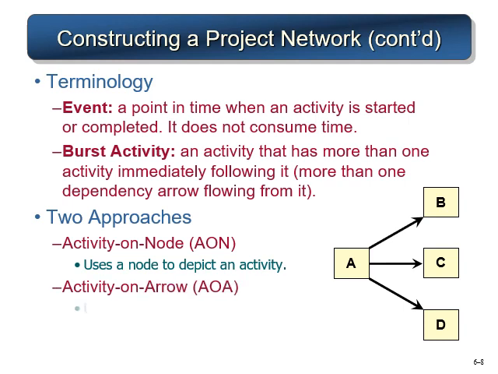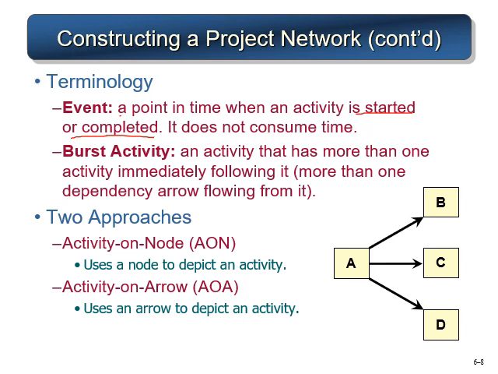An event is a point in time when an activity is started or completed. So an event does not take any time. You have an activity, it has an end time, so that is an event.